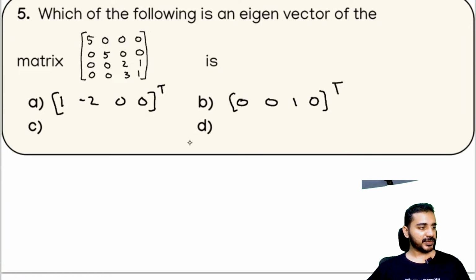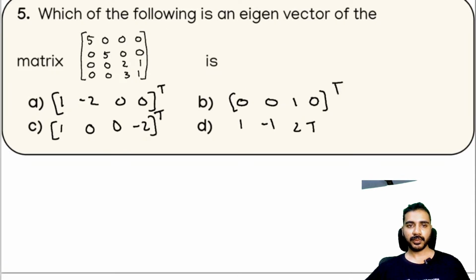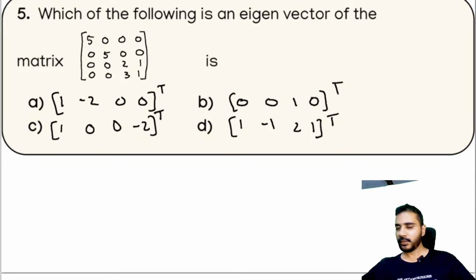Option C is 1, 0, 0, minus 2. Then option D is 1, minus 1, 2, 2. So the question is to find which of the following is an eigenvector of the matrix.